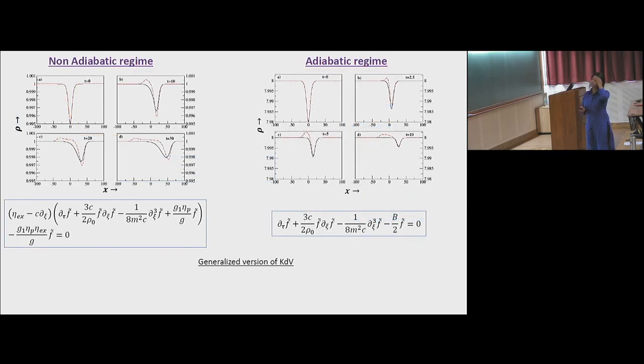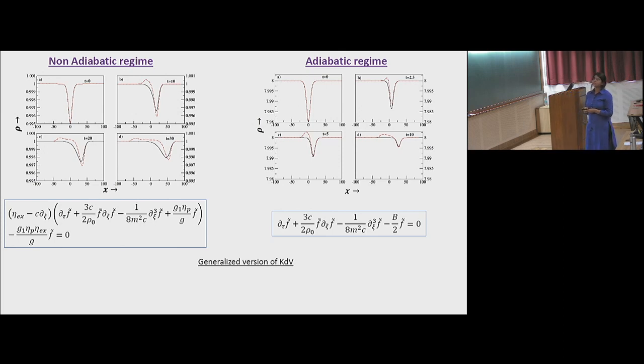Here we have compared the original equations and the effective theory which reduces to these chiral PDEs. Since these are generalized versions of KdV, we have used KdV solitons as the initial condition. We have mapped it in terms of the original parameters and obtained the initial conditions for the original equations.